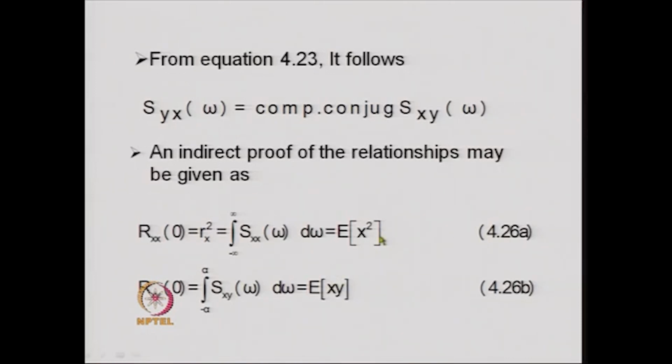So, in this particular way, one can indirectly prove that the cross power spectral density function and the power spectral density function, and the autocorrelation function and the cross correlation function, form Fourier transform pairs.